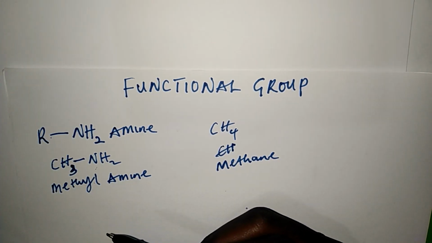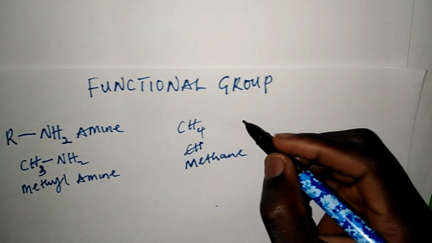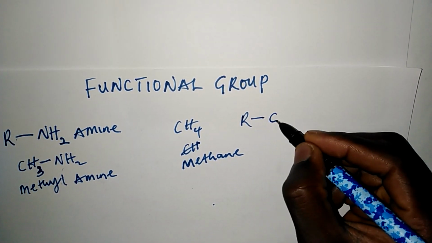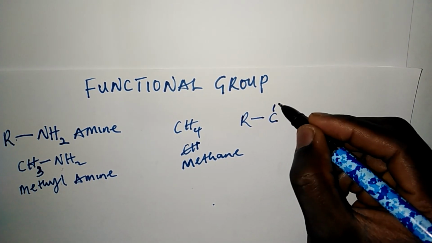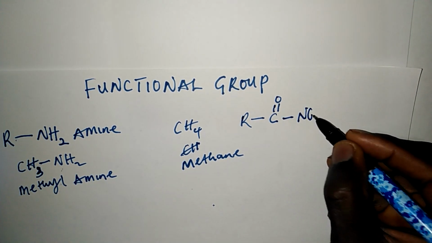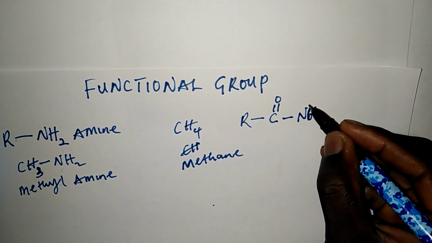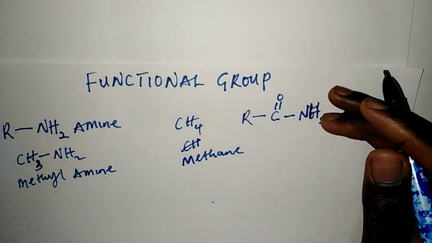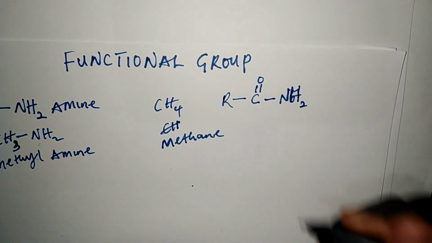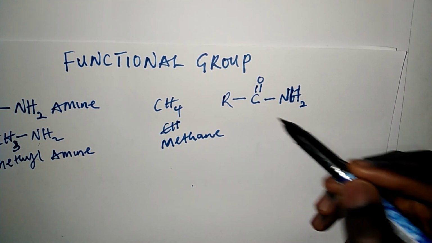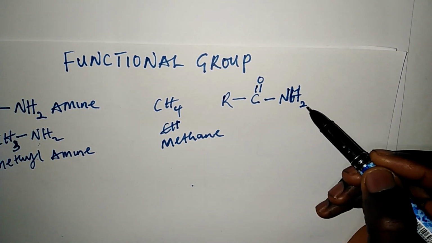Now, what if you have another functional group like this? We have R linked to this, which is a generic form, and then we have CH2, NH2. In this case, we have a carbonyl carbon in the middle of the chain, and then we have NH2.